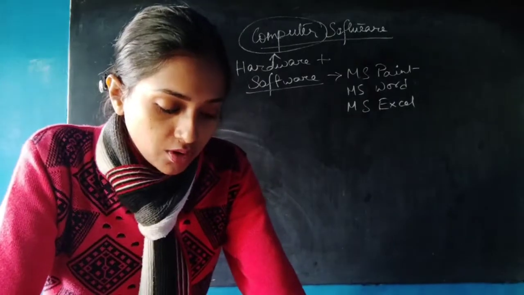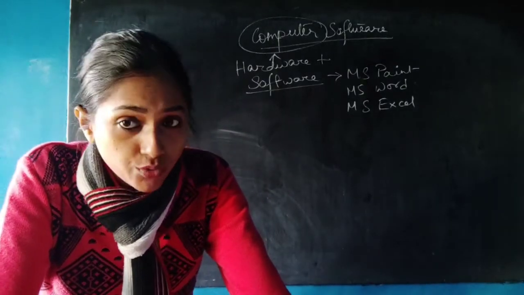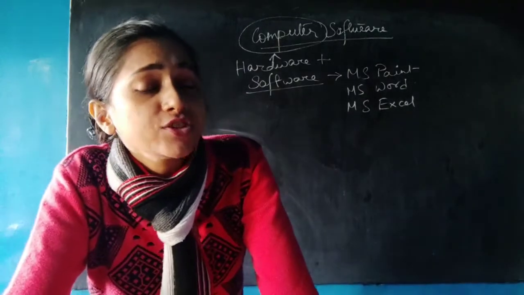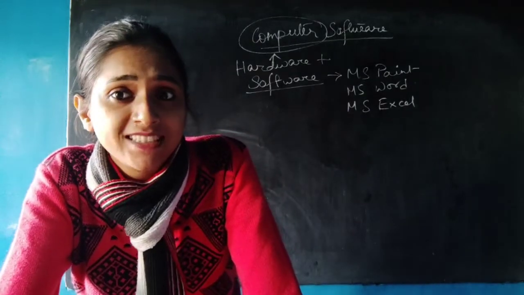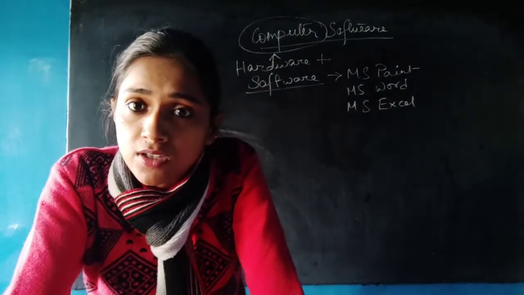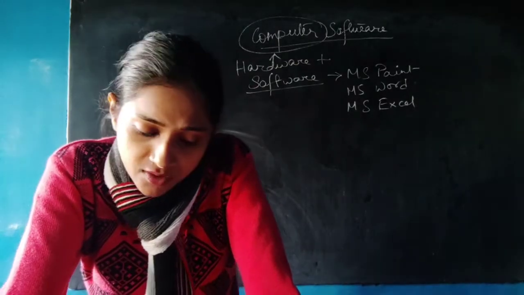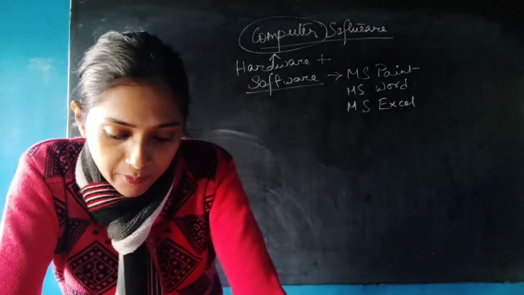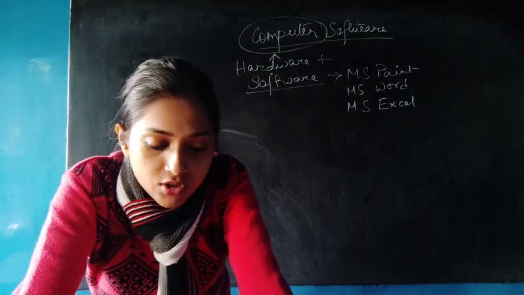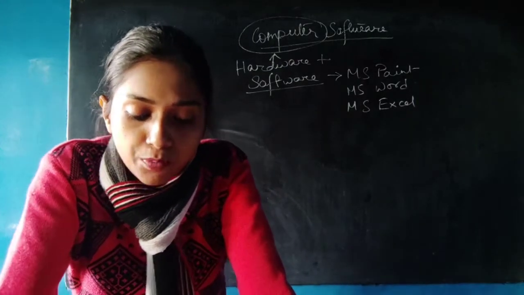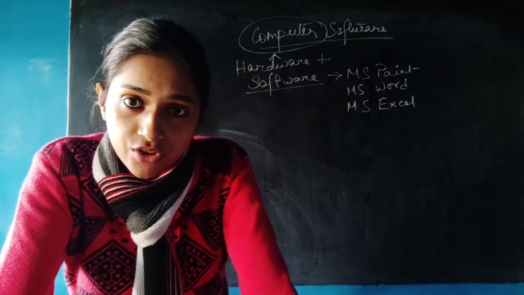So hardware is of no use if there is no software, if there is no programming going on inside the computer. Then what will we do with the physical parts of the computer? Hardware can be compared to a television, while the software is similar to the programs that we view on the television.